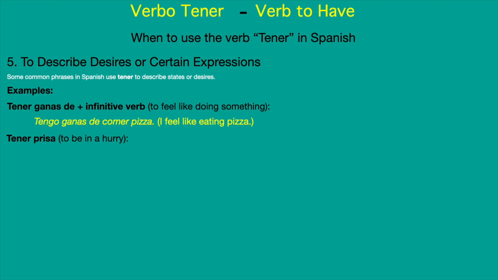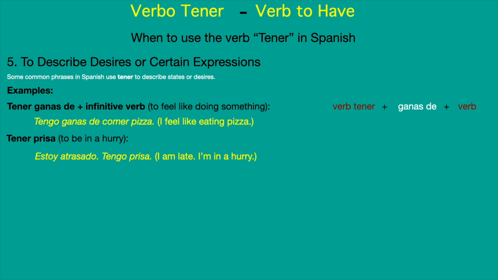As well, you can say tener prisa, to be in a hurry. That is another construction. If you are late, in English you say "I am late," but in Spanish you use the verb tener: estoy atrasado, tengo prisa. I have hurry. So tener prisa, that would be the other expression.